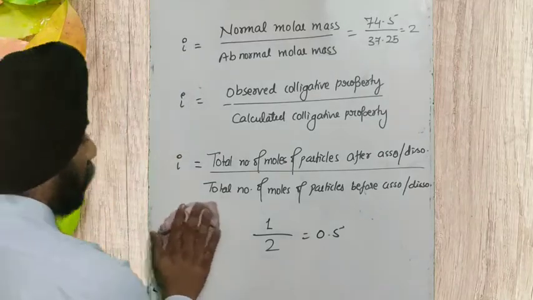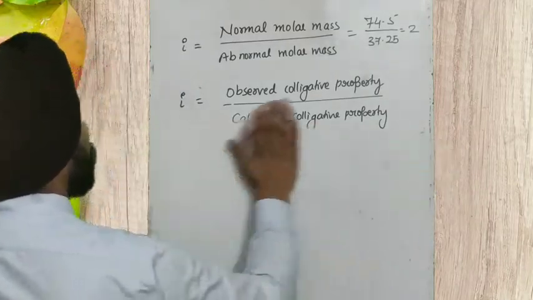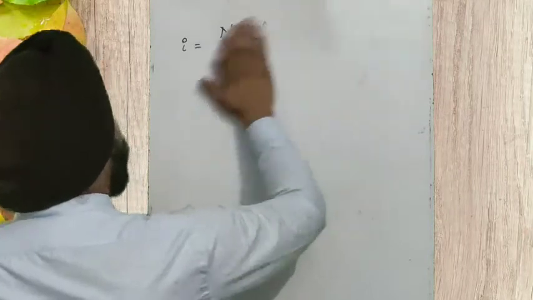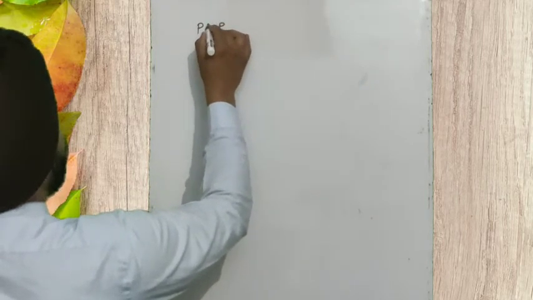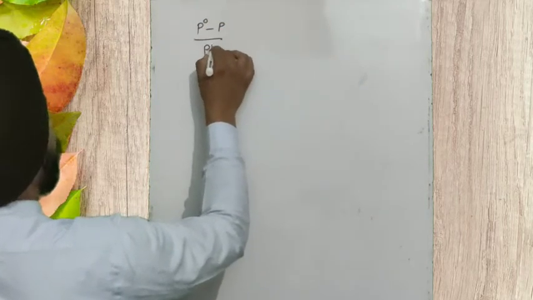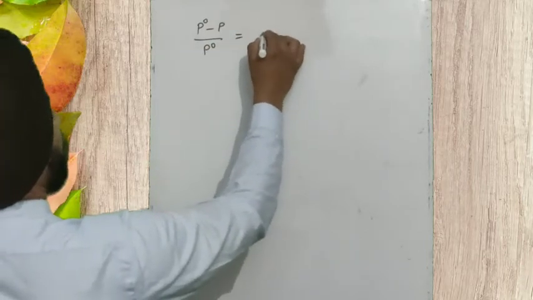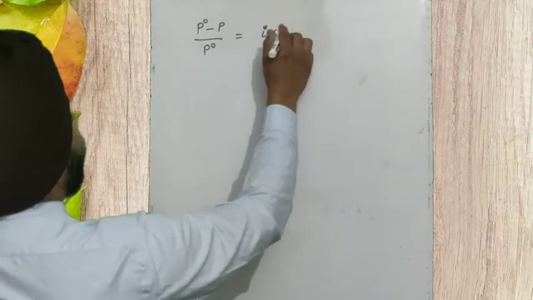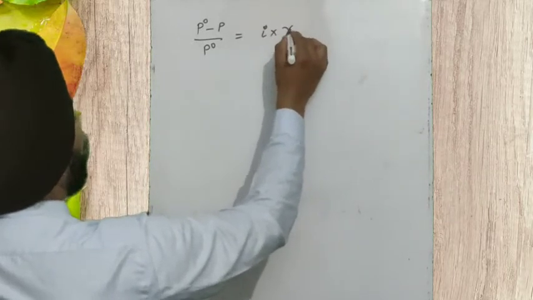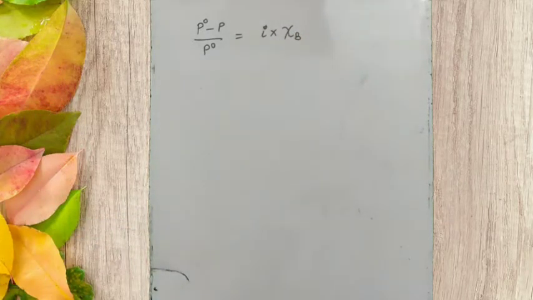So how do we use it in the calculation, how to modify the formula of colligative property? The first one was relative lowering of vapor pressure, (P naught minus P) upon P naught, which is equal to i into the mole fraction of solute.